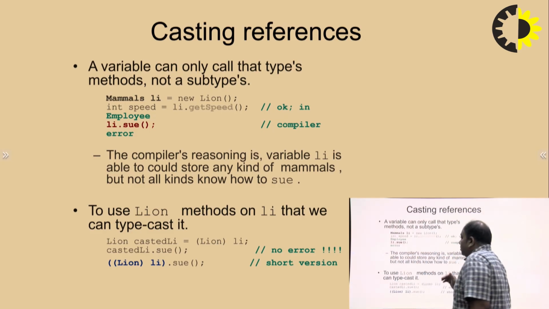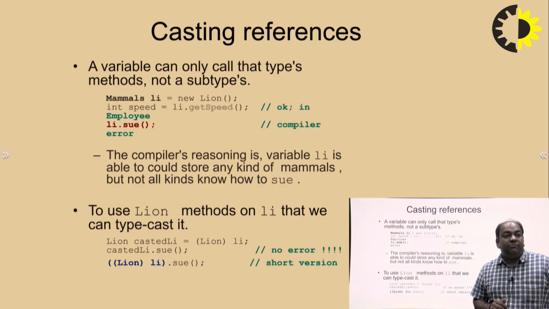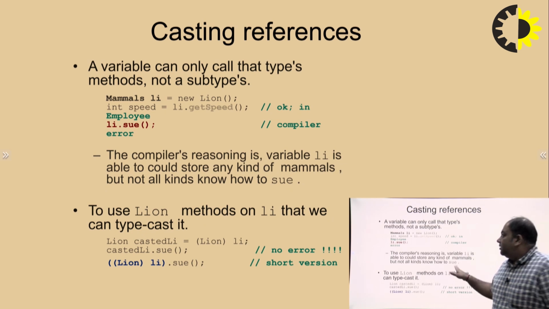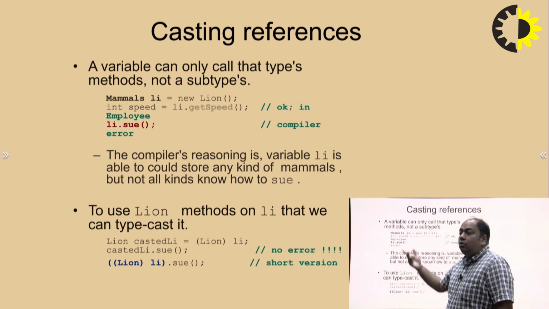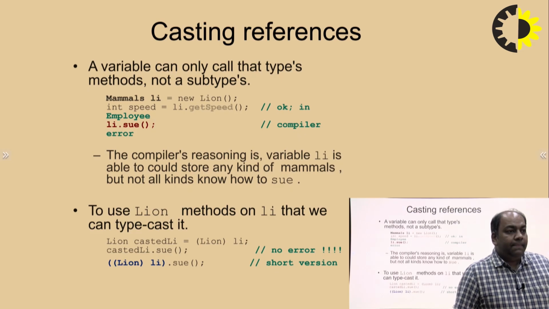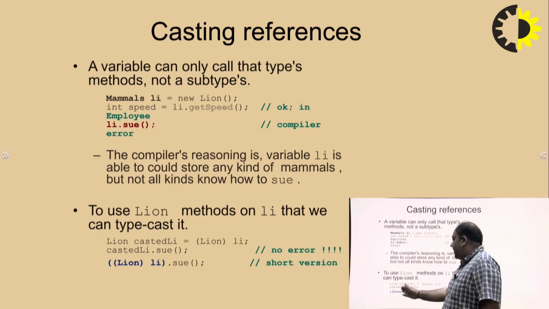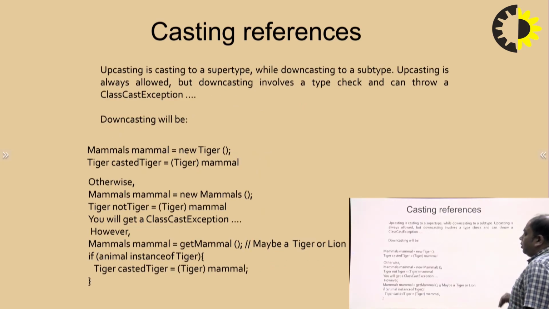The compiler's reasoning is that variable li is able to store any kind of mammal, but not all kinds know how to show. So li cannot know how to show, so it will show an error. To use the lion method on li, we need to typecast it. So we cast li into the lion, then it will not show an error.